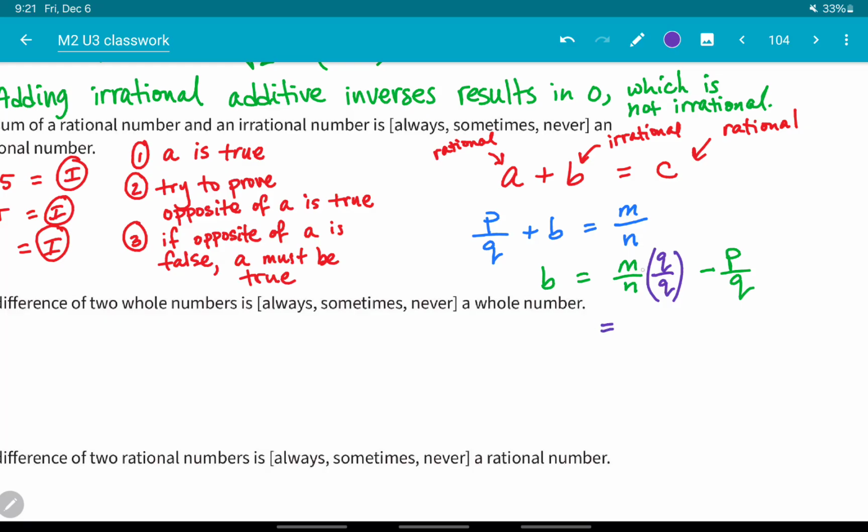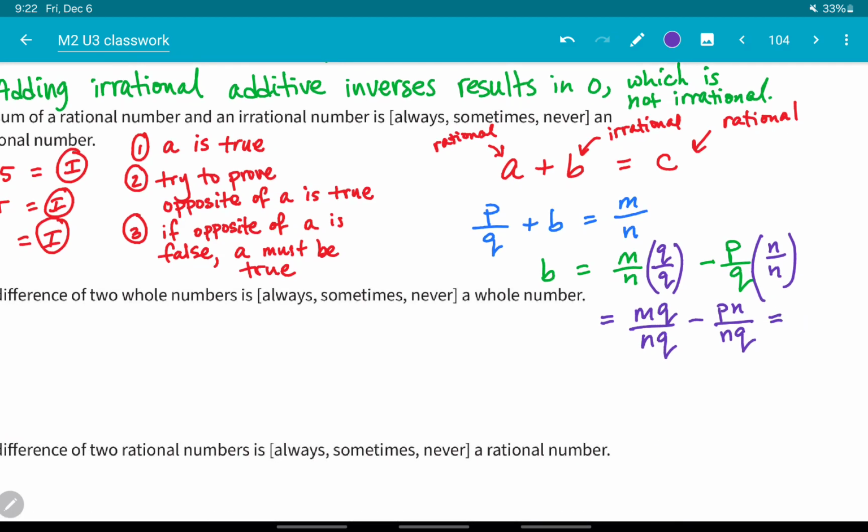So this is going to be MQ over NQ. And then over here, the P over Q, if I multiply this by N over N, then I'm going to have PN over QN, which I can also write as NQ. Now I have the same denominator on the bottom.